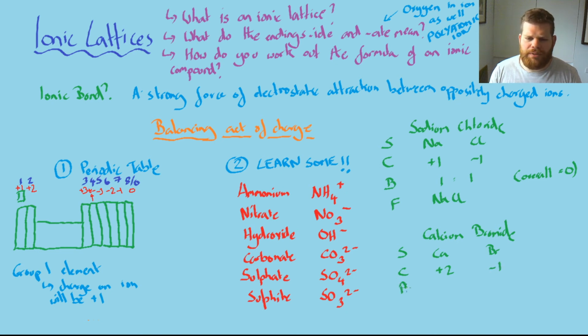So now I've got to balance them. +2 -1 is still +1. So I need one more minus to make this 0. So I need a 2-to-1 ratio. Then I can write out my formula, and my formula is going to be CaBr, and I use a little 2 to show that I've got 2 bromide ions for every calcium ion.